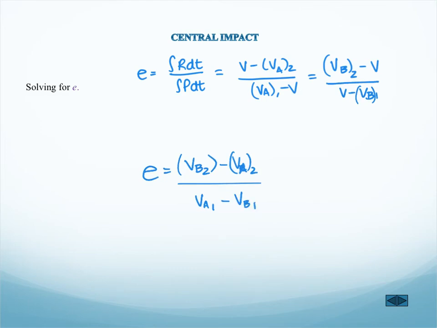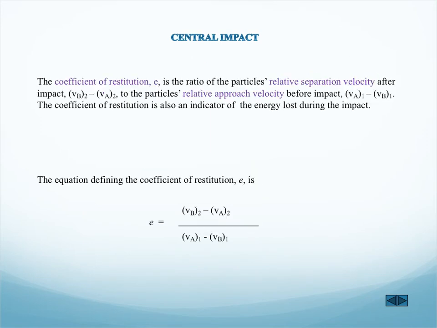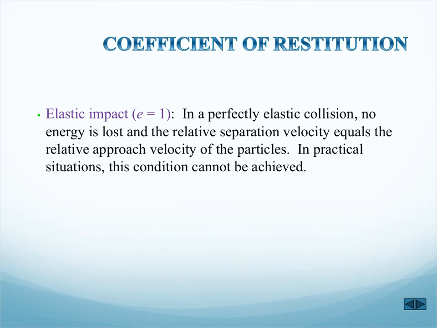That's what the coefficient of restitution is. This gives us another way to relate all the velocities. It would give us a second equation and allow us to solve for the final velocities in a two-dimensional collision if we knew the two initial velocities of the objects.